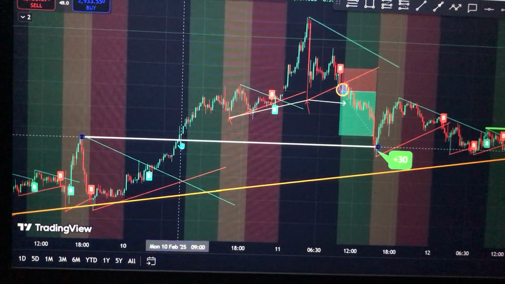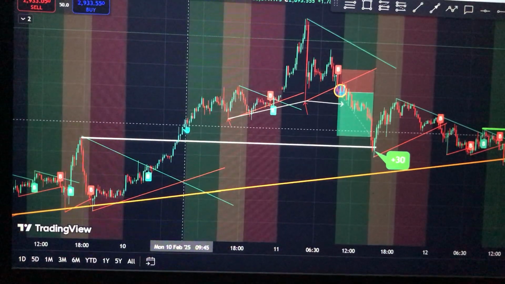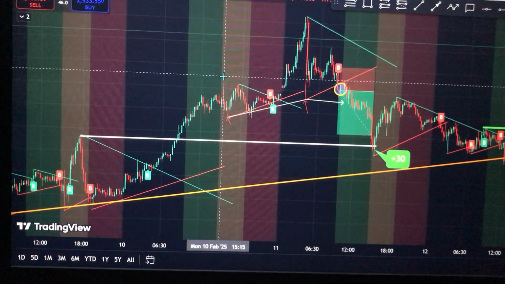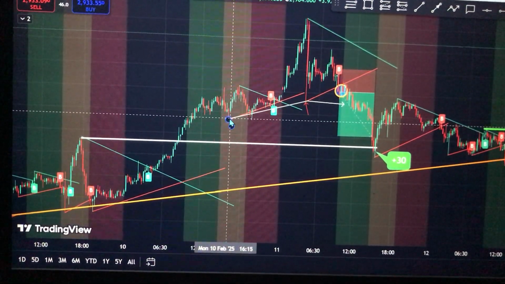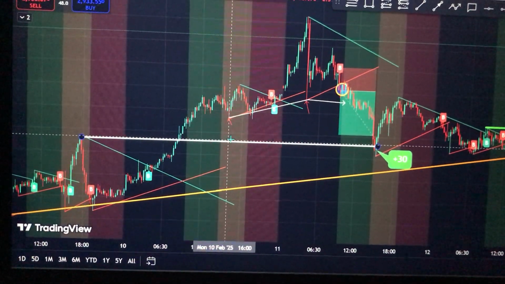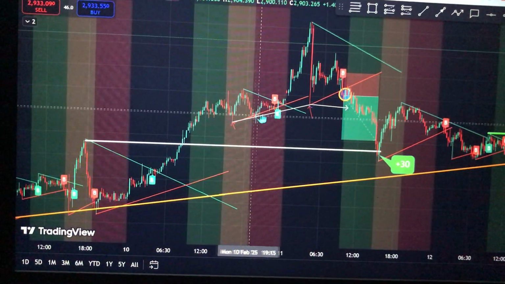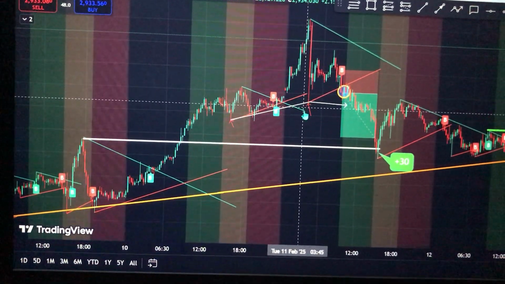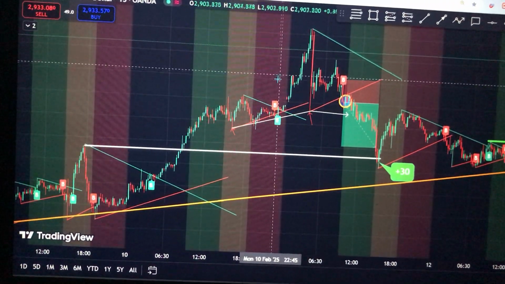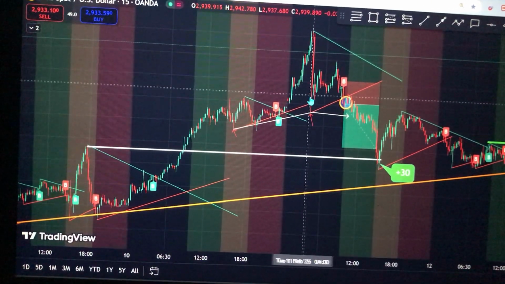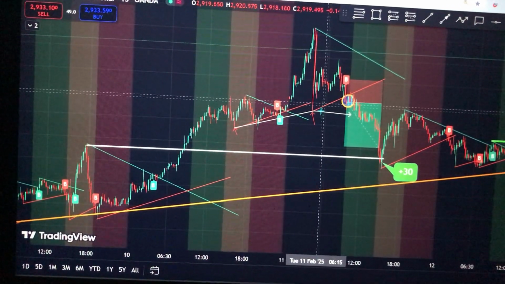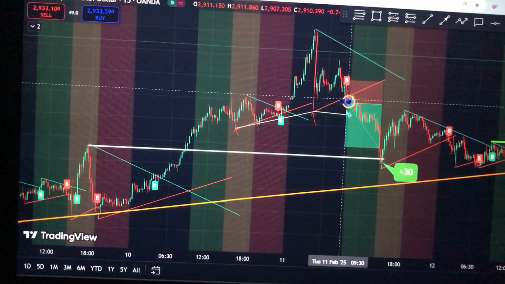As you can see above this white line, price goes up and then it comes below, failing to touch this white line. You must know that if price starts giving you these red trend lines here, because I'm using this indicator, especially the second one, on the second one it will try and break.